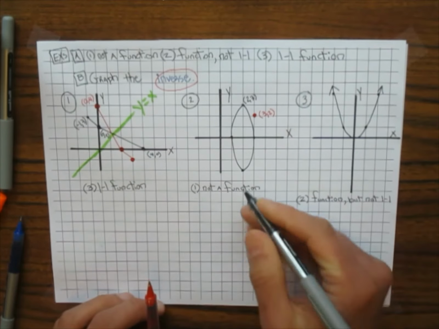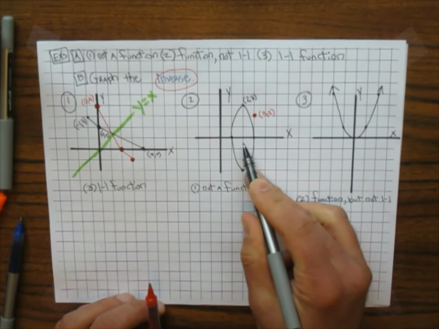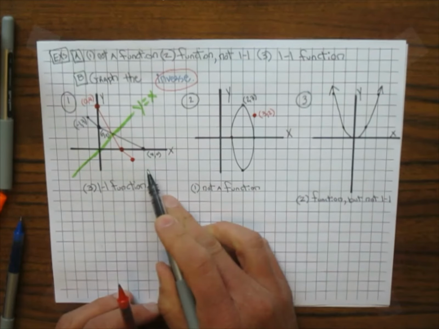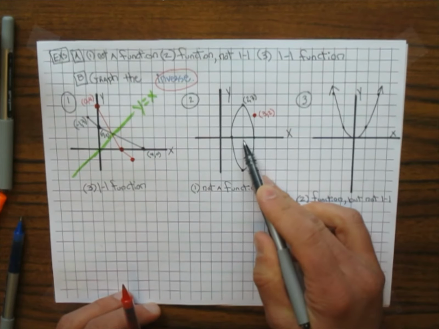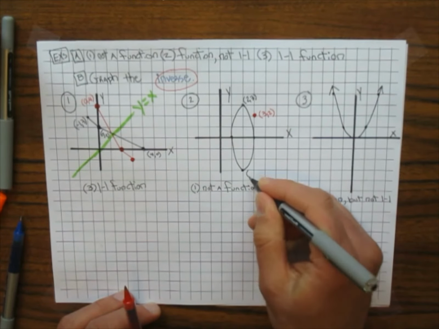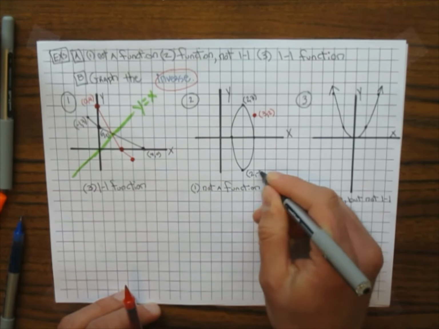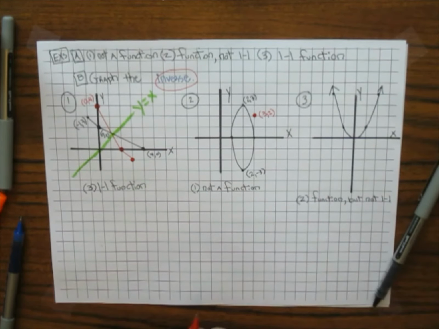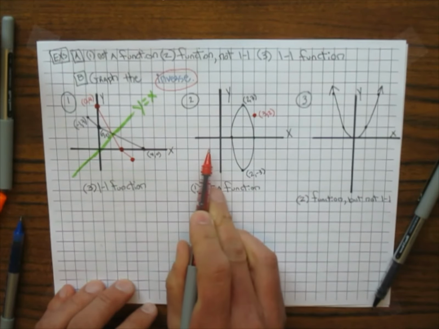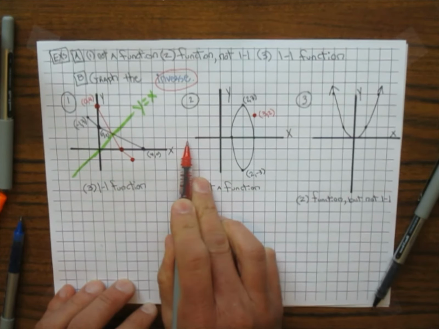I'm going to take the point down here, which is 2. I didn't put scalings on these axes, did I? Shame on me. Oh well. 2, -3. And then the corresponding point is going to be -3, 2.